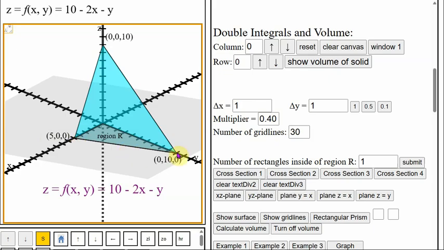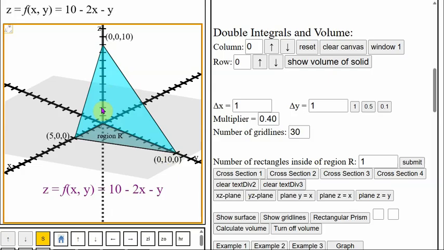For the y-axis, the intercept is when we set x to 0 and z to 0, and we end up with y of 10. So these are the three intercepts. This is the surface, and this is the solid that we want to find the volume for.